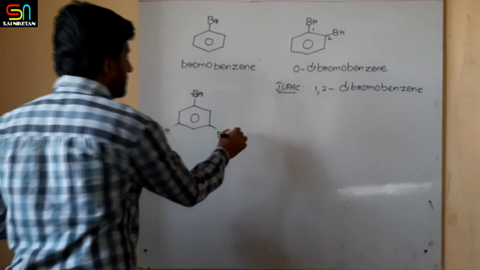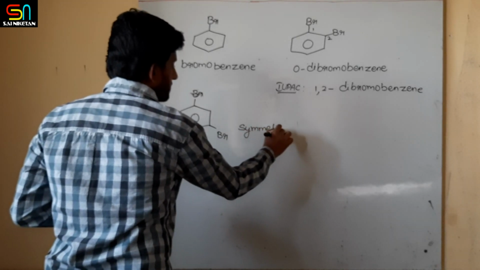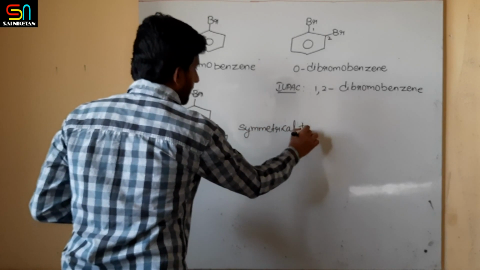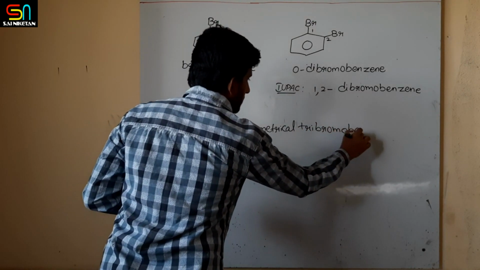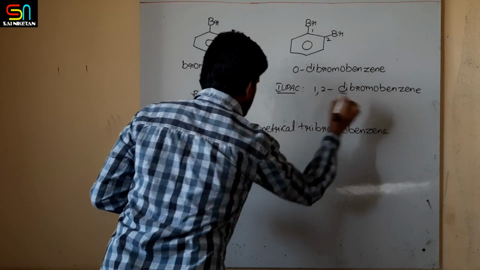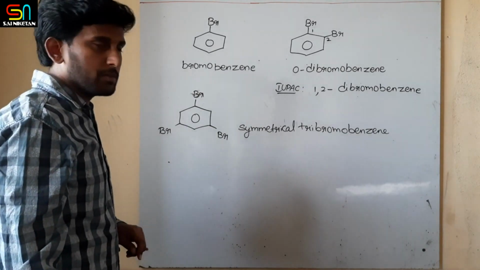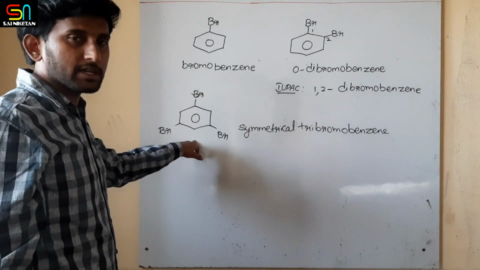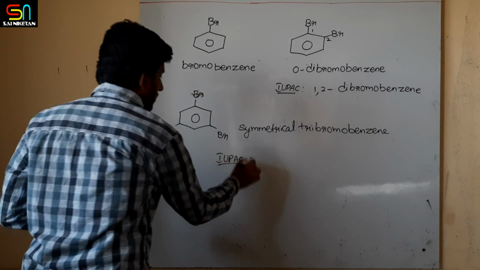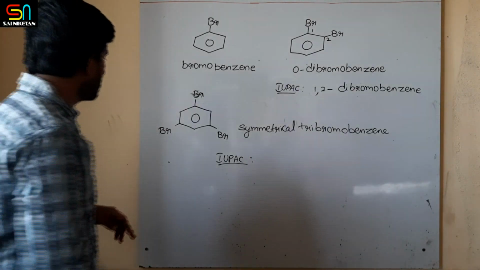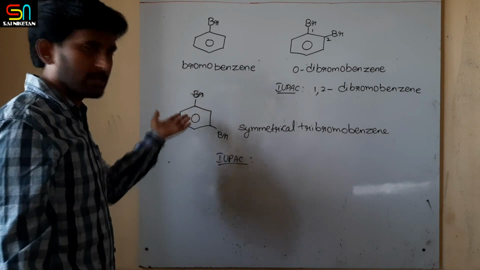The common name of this compound is symmetrical tribromobenzene. But what about the IUPAC nomenclature for this compound? What is the IUPAC name of symmetrical tribromobenzene? You start numbering from any side, and all the bromines fall under the same numbers.